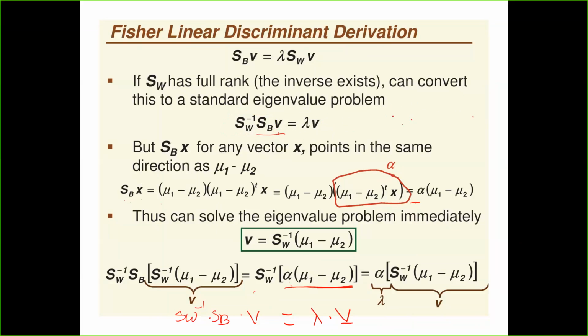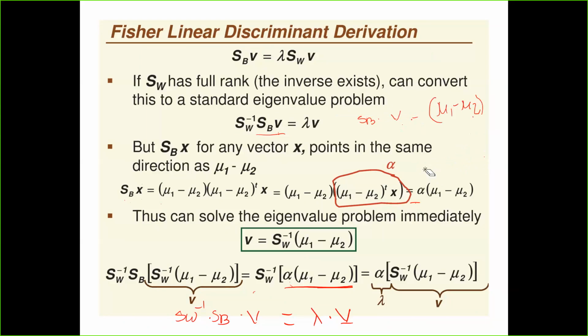Okay, so the property goes like this. When you multiply any vector x with SB, that will be pointing in the same direction as mu1 minus mu2. They are just some scale difference, but they will be in the same direction. If SBx is this much, maybe mu1 minus mu2 is this much. Or if SBx is this much, then mu1 minus mu2 is this much. But all of them are pointing in the same direction because they are just multiplied with some scalar.